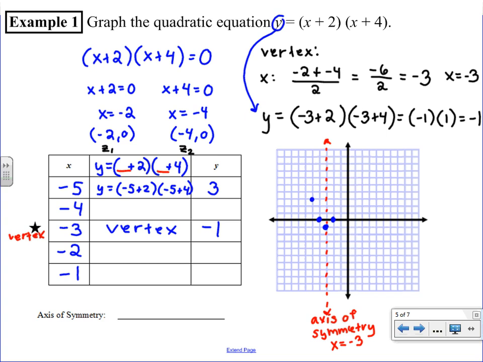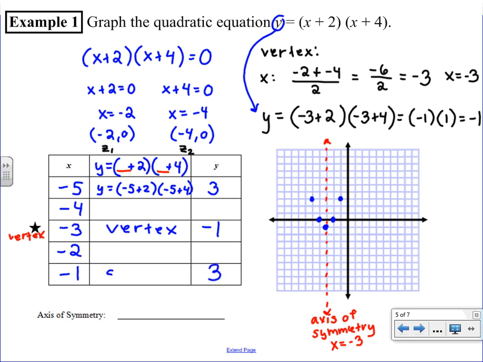Now, I'm going to be smart about this because we've drawn in our axis of symmetry. So I know that negative 5, negative 3 is going to flip across the axis of symmetry and meet up with another point. So by doing that, if I go 2 units from my point over to the axis of symmetry, and then 2 units over, I'm going to get my new point, which happens to be negative 1, positive 3.